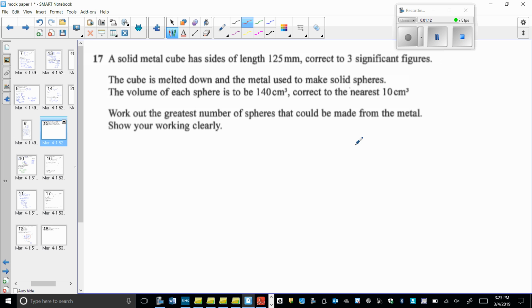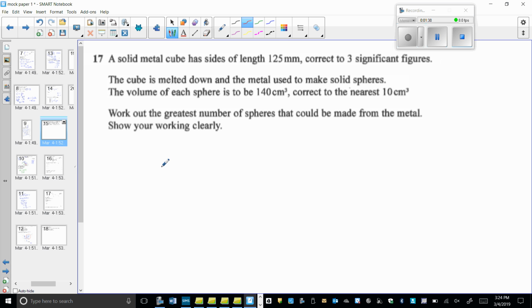Solid metal cube has length of... Okay. So if our cube is what we're starting off with, if that's correct to three significant figures, then we're going to find, we always go to the next level of accuracy with limits of accuracy.